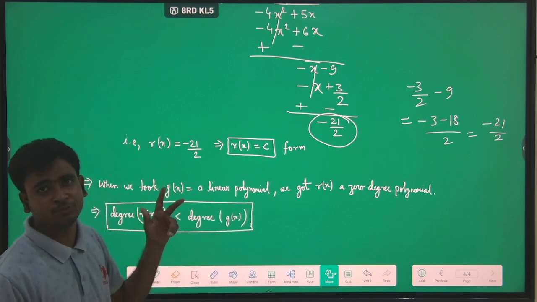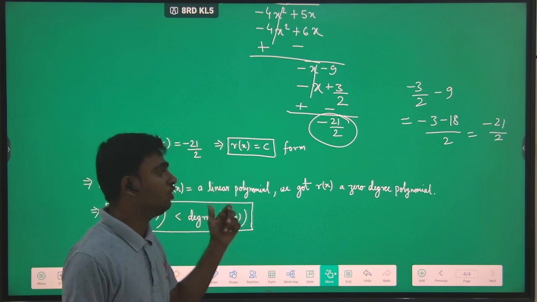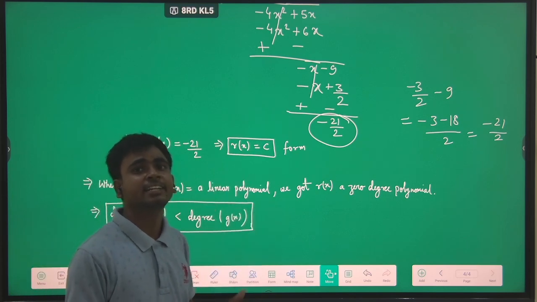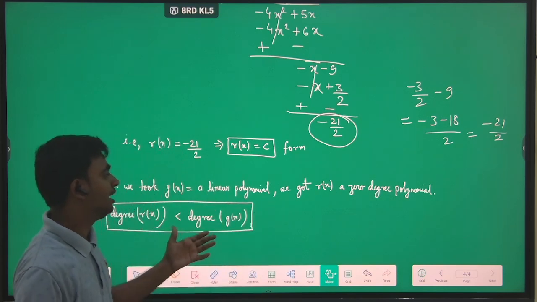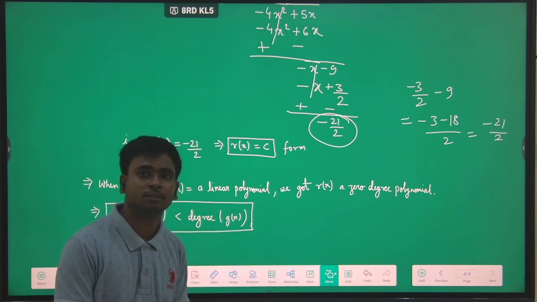So there are two cases we have seen: r(x) should be 0 or the degree of r(x) is less than the degree of g(x). Till now we have learned all this, and after this we will do the question part.